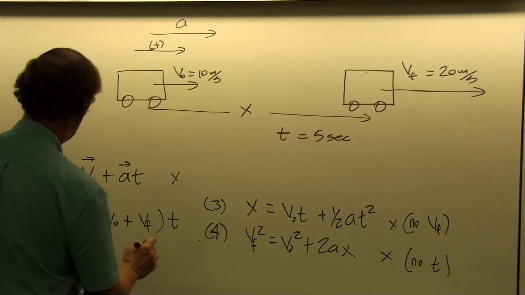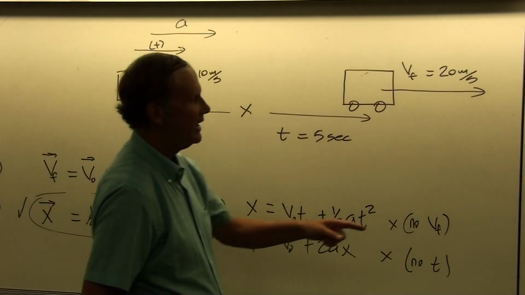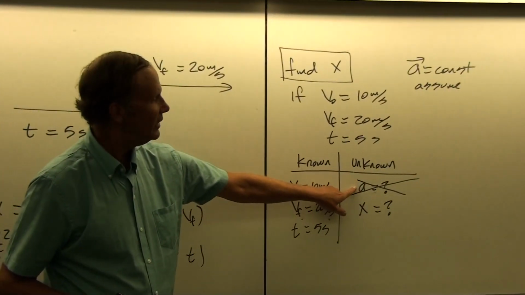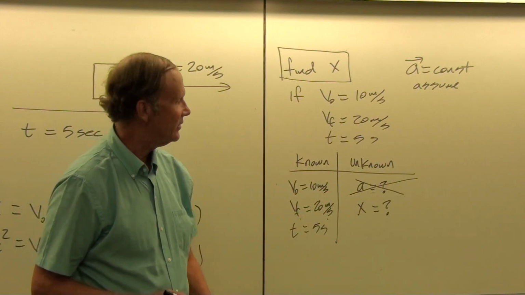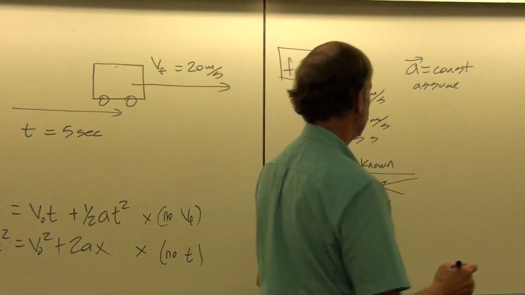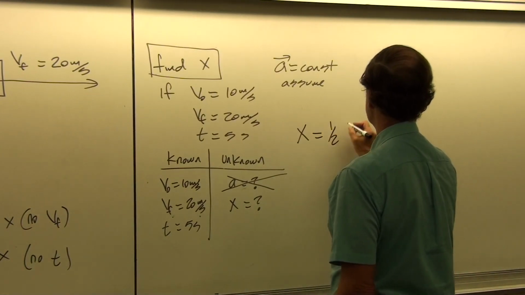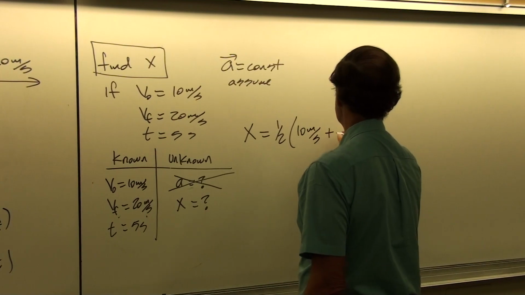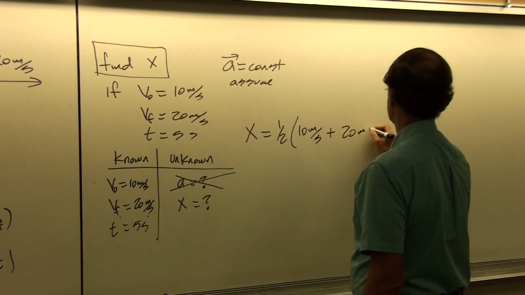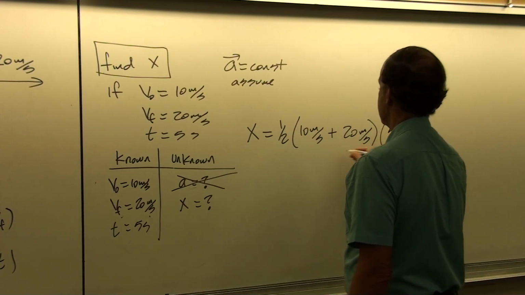work. And so it's this one here, because this one doesn't have an A in it, and we don't care what A is because it wasn't asked for, it wasn't given in the problem. Okay, so that is the one. So we'll choose that equation. Then x is going to be 1/2 times v initial, 10 meters per second, plus v final, 20 meters per second, times t, 5 seconds.